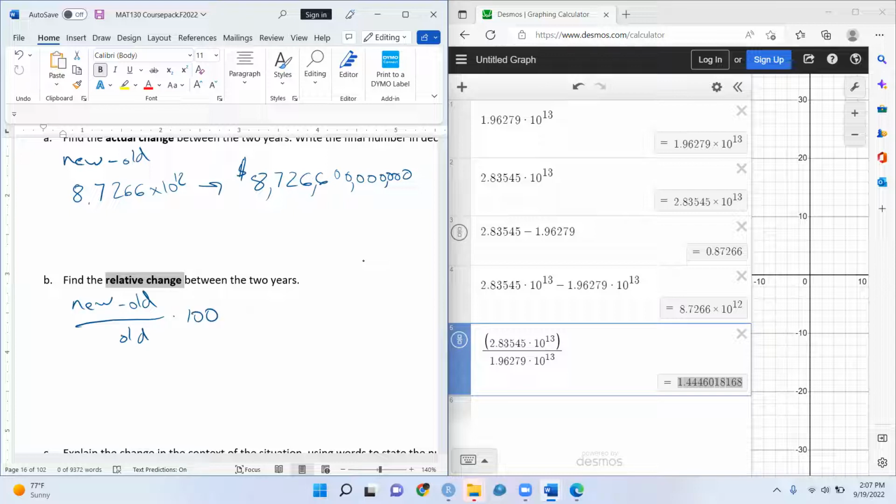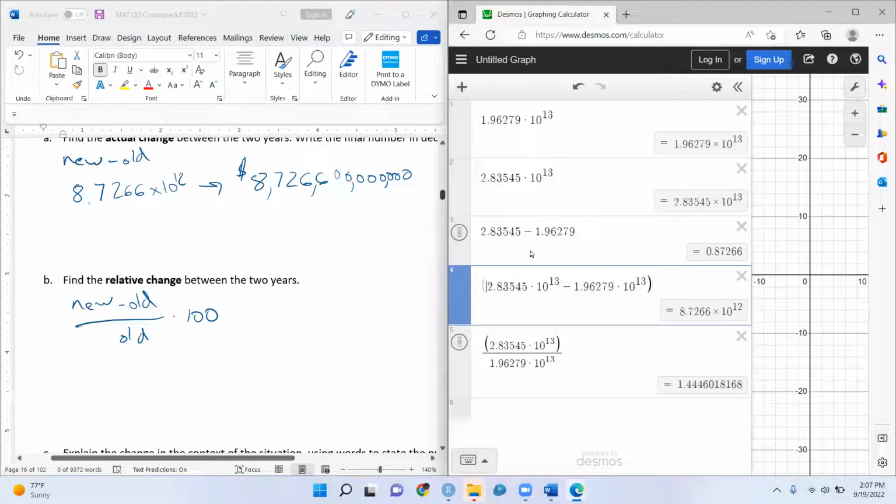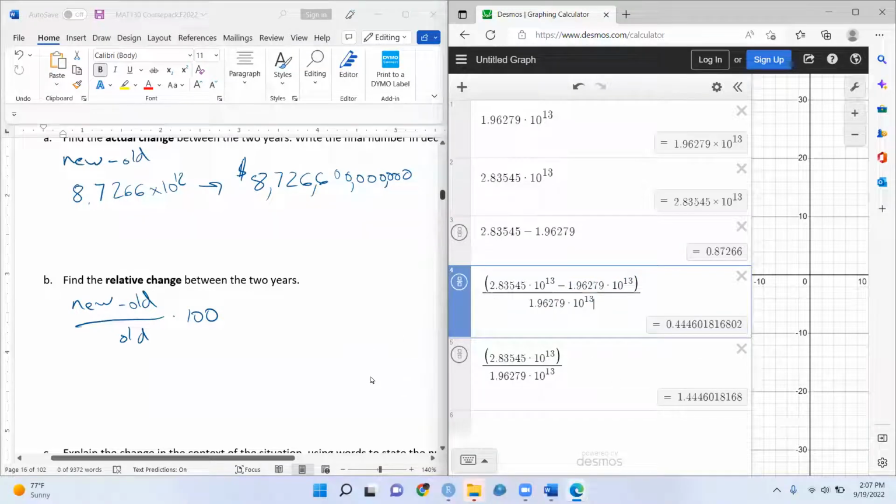So here is the new minus old number. We just have to divide that number, this number right here, by that original number. So I'm going to put in parentheses this, and I'm going to divide it by the 2016 number. Now look at this number and compare it to the number you got. Do you see the similarities?